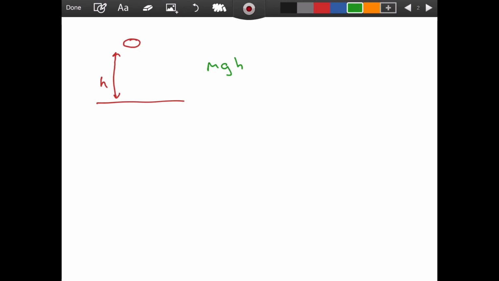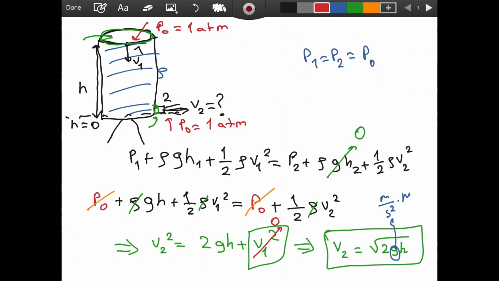This is equal to its final kinetic energy, and the kinetic energy is 1 over 2 mv squared. We see that masses cancel, so we get that v is equal to the square root of 2gh. And as you can see, this is the exact same formula that we just got. So it is like releasing a ball from rest, from a height of h, and you get the same velocity as in the water tower case.